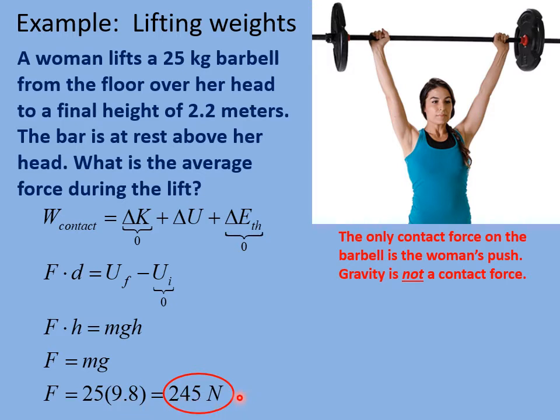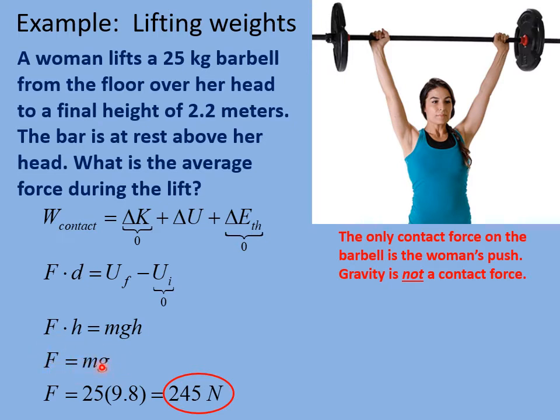So this problem, obviously, is a case where we sort of overthought the problem. We might have been able to guess this answer just by thinking about it. If you want to lift something, remember you need to apply an amount of force equal to the weight of the object. And that's just what this says right here.